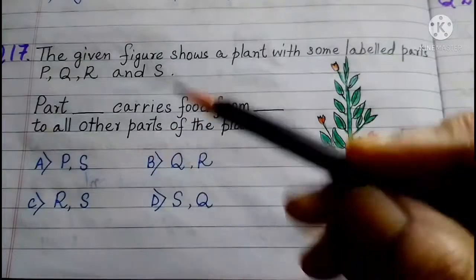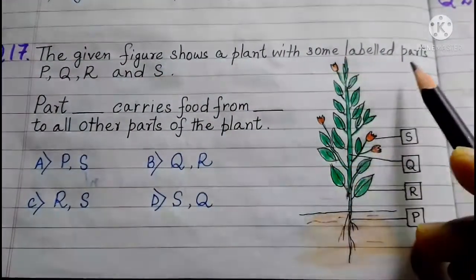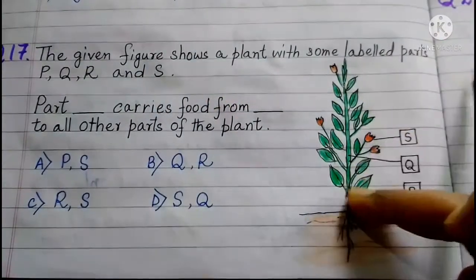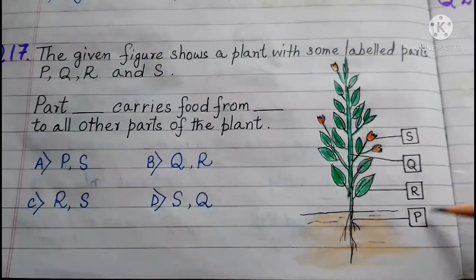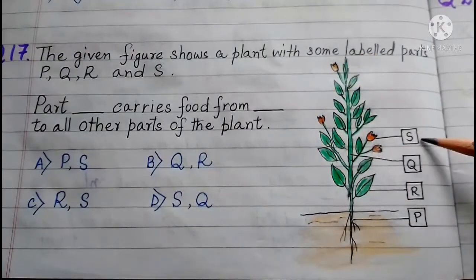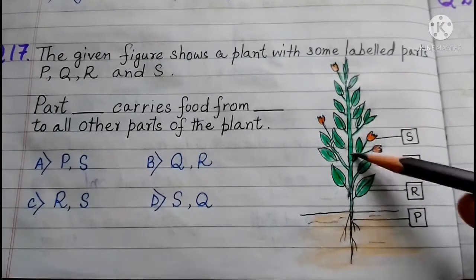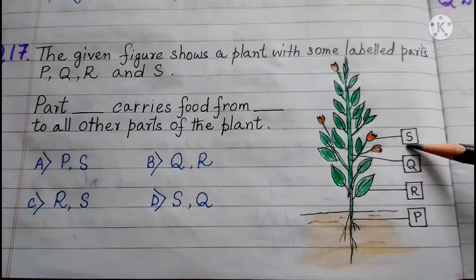Question number 17. The given figure shows a plant with some labeled parts, PQRS. P stands for roots, Q stands for stem, R stands for leaves, and S stands for flowers.